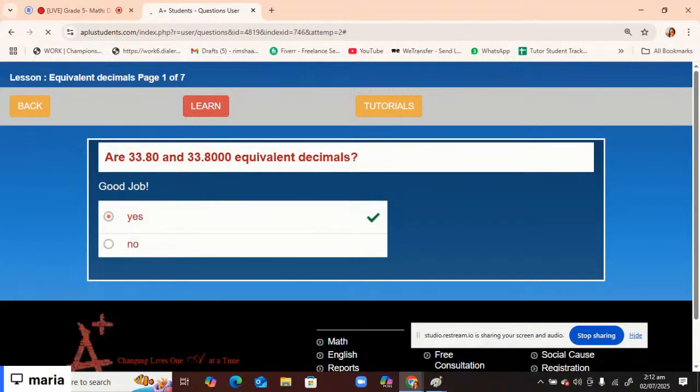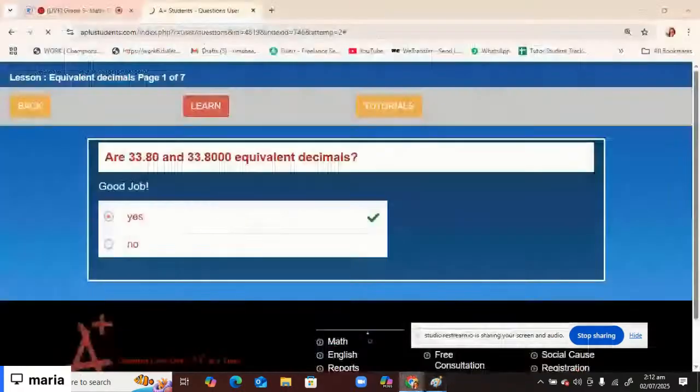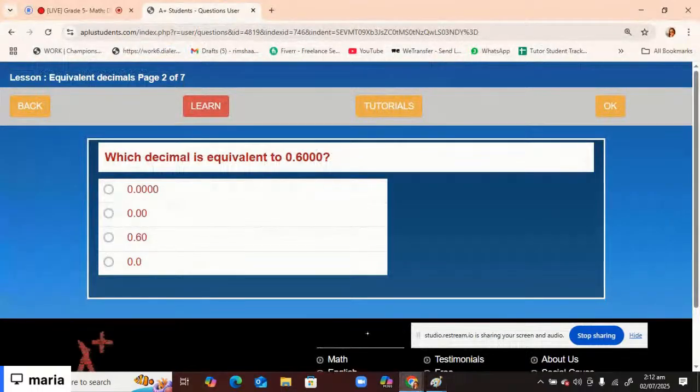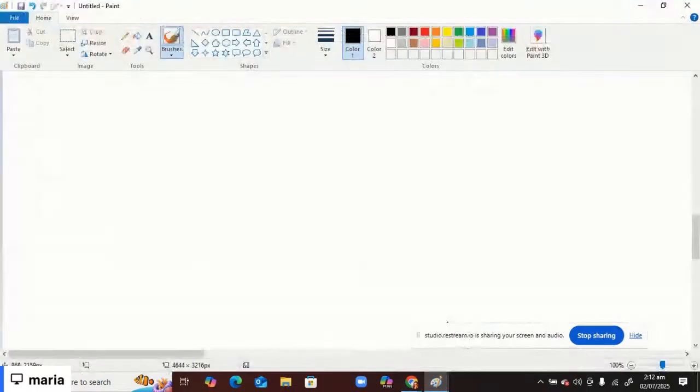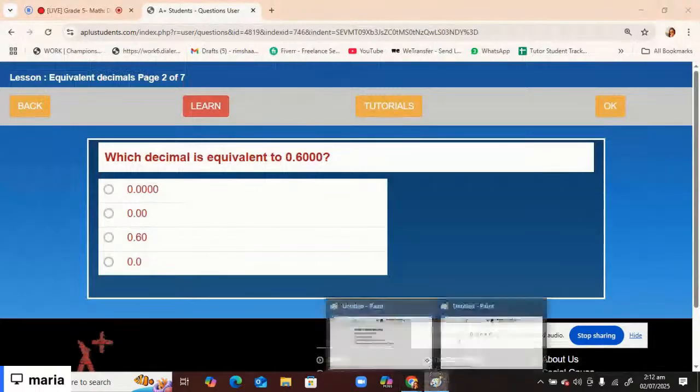Now for the next question, you guys tell me, is this equivalent or not equivalent? Which decimal is equivalent to 0.6000? 0.6, this one, and then here are the triple zeros. Now the first option which is given is all zeros.